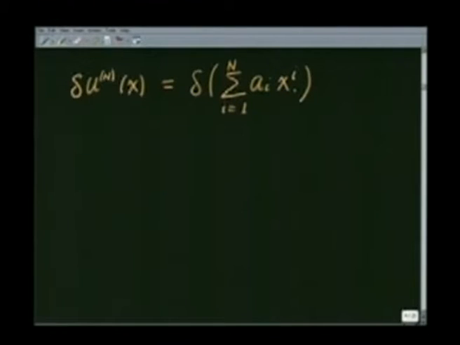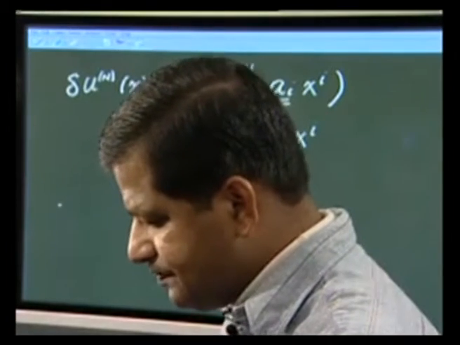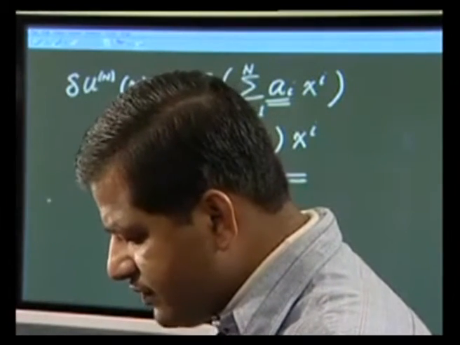These functions x to the power of i are given to us. What is going to change in order to get the variation is the coefficients a_i. So the variation of u_n(x) will become summation 1 to n of the variation of a_i times x to the power of i. Once we have obtained this expression for the variation of u_n, let us put it back in our variational formulation.